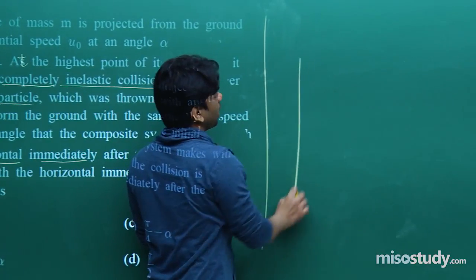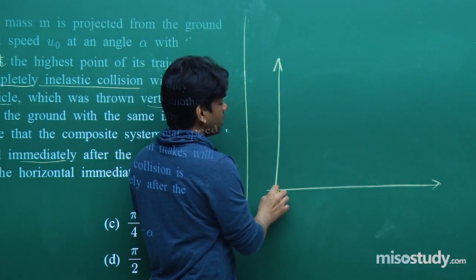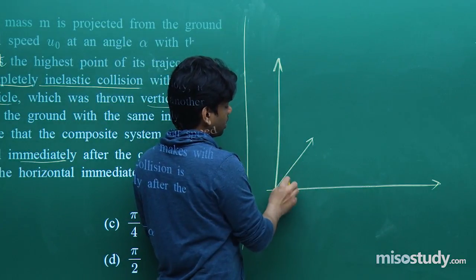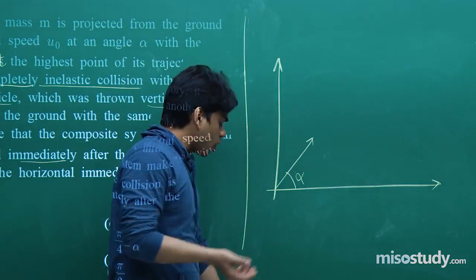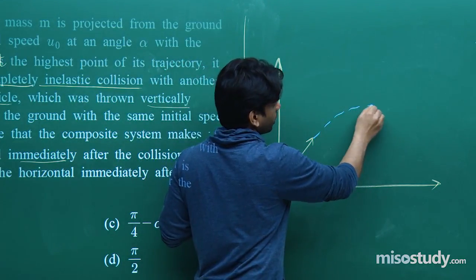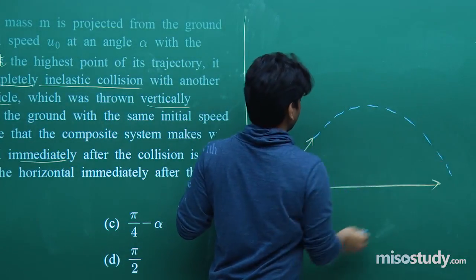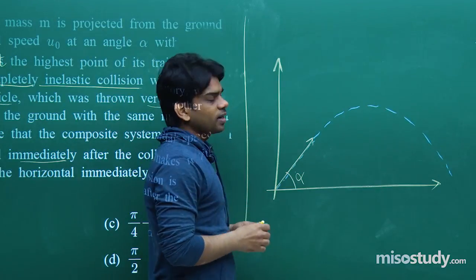We have one particle projected at an angle alpha. See here, this particle is projected making an angle alpha. First thing, it will move in projectile motion. So let me show you, this is the case of a projectile motion, and it lands here. This is how you can understand.